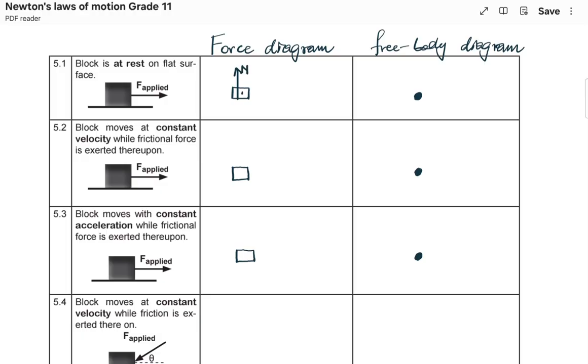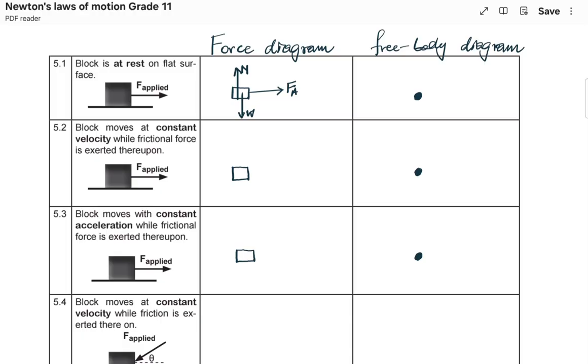the surface. There is also weight going downwards. Now here there is a force, that will be the force applied.